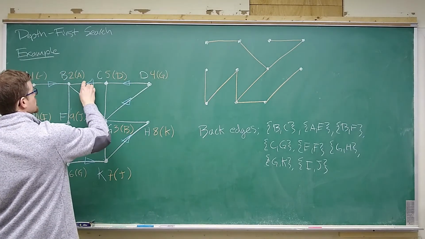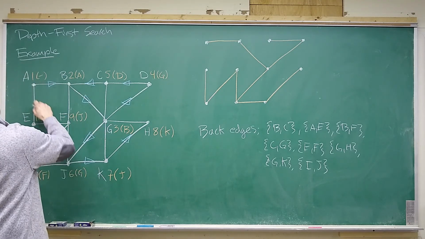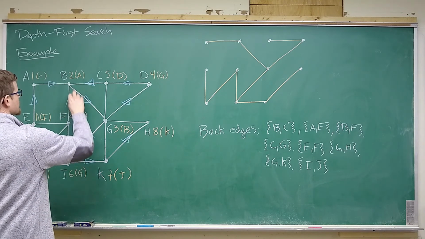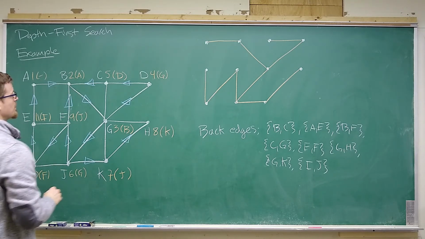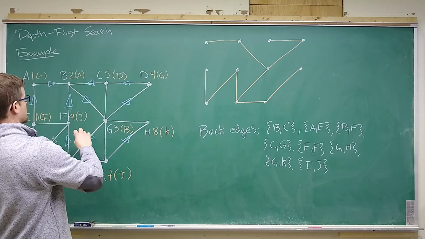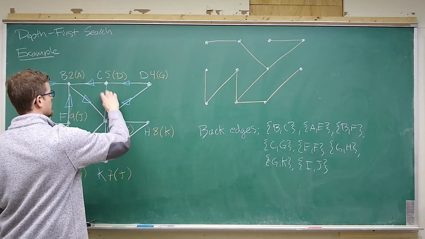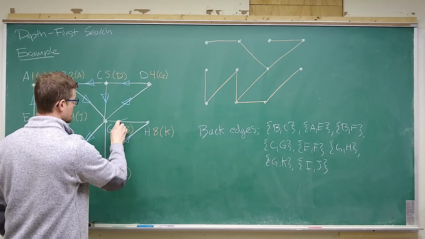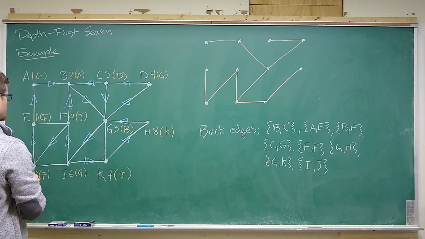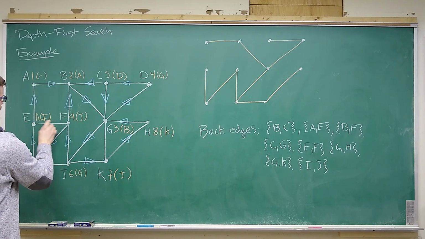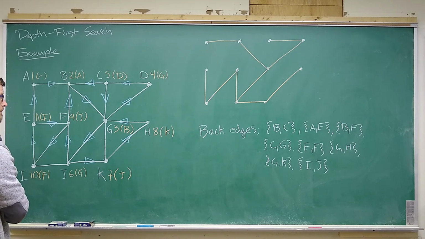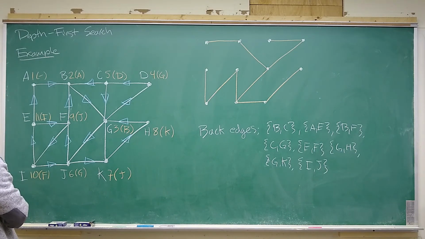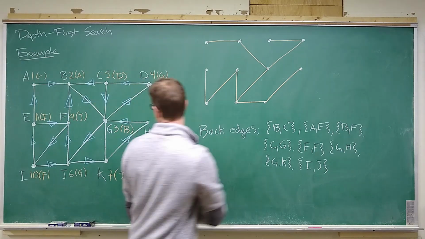So 5 to 2, because it's a back edge. 11 to 1, because it's a back edge. 9 to 2, because it's a back edge. 5 to 3, because it's a back edge. 8 to 3, because it's a back edge. 11 to 9, because it's a back edge. 10 to 6, because it's a back edge. And that is all of our edges that have been labeled.